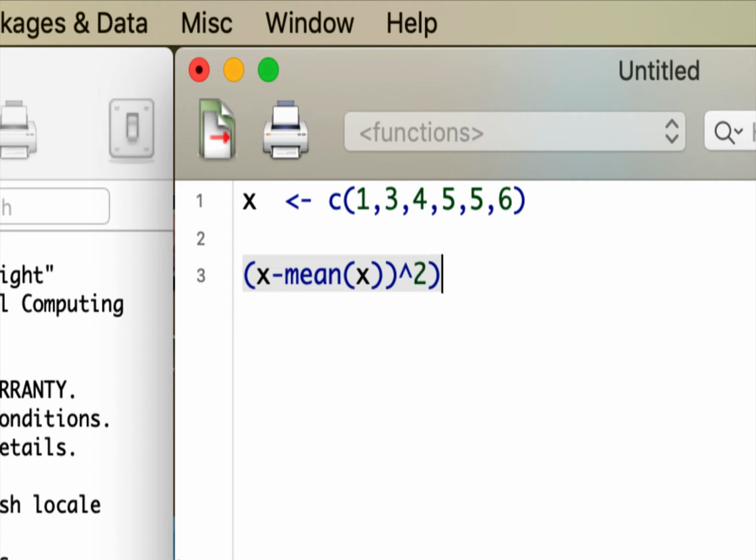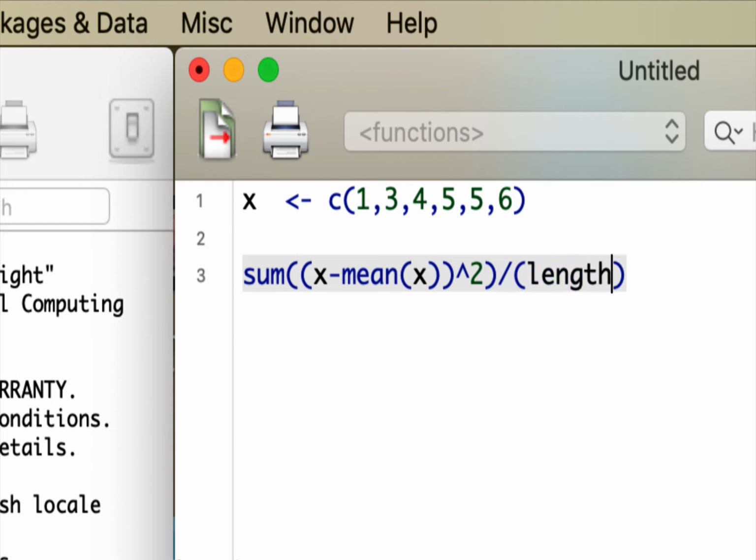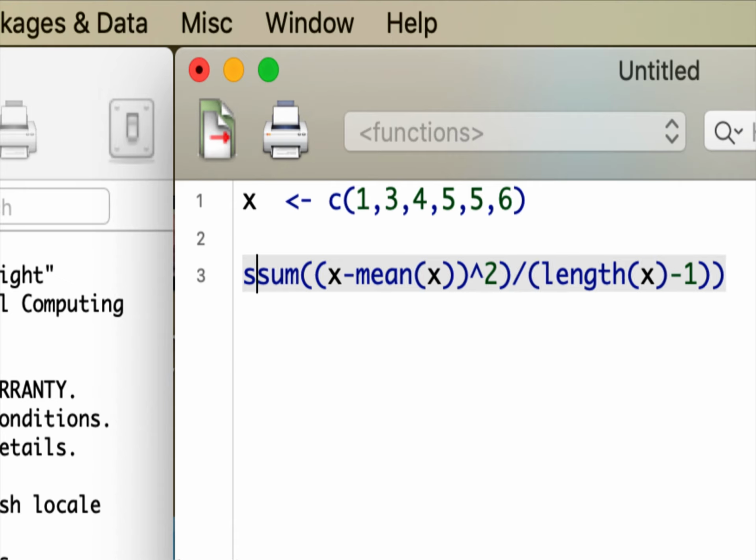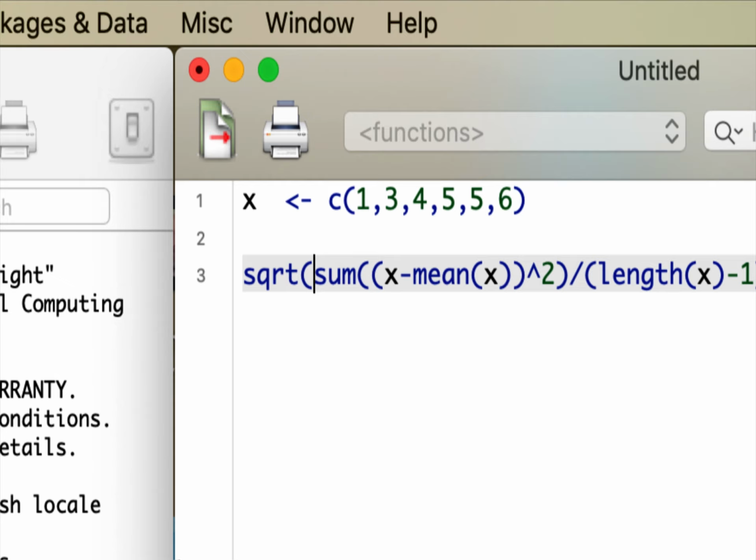Then we're going to square it, and then we're going to sum it up. All right, so that's our numerator. And then we're going to divide that by n, which is equal to the length of x, minus 1. So that gives me the variance. If I then take the square root of all of that, that gives me the standard deviation.